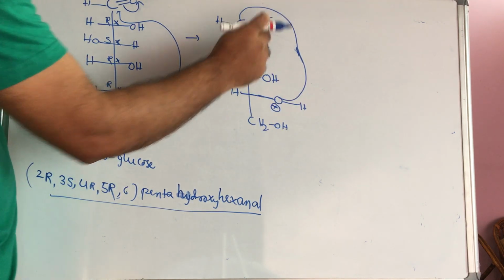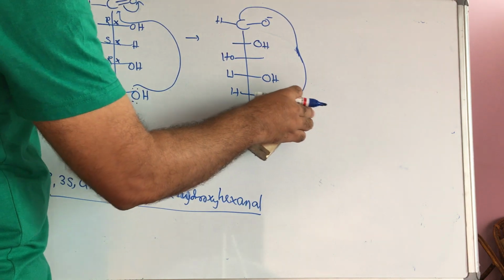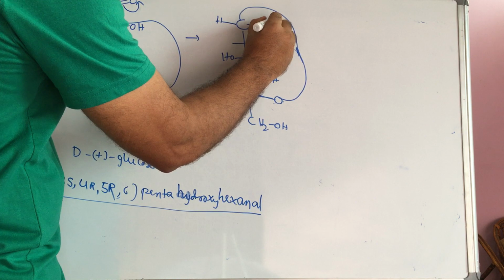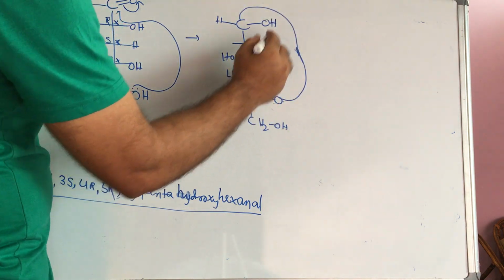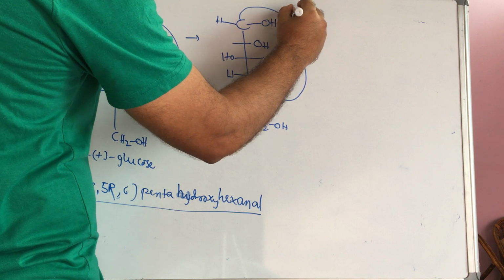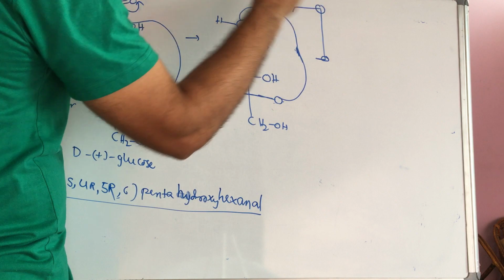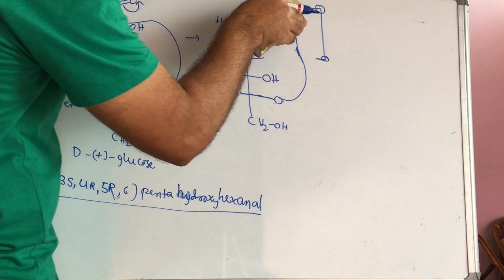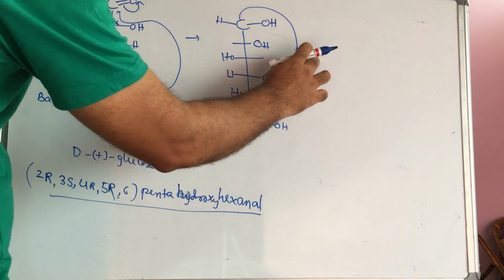This H will be added here, and then we will get hydrogen here. Keep in mind this should be a curved shape only. In a textbook it may be given like this, where this corner indicates a carbon. That's why the curved shape is a better representation than this corner-type bond.